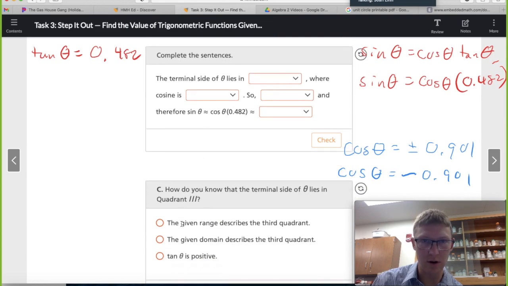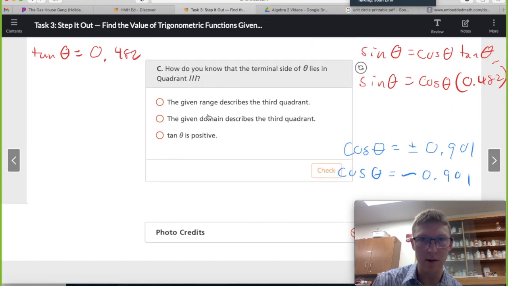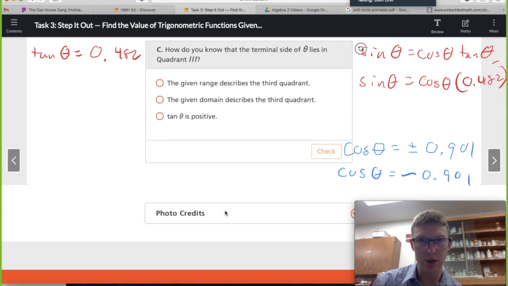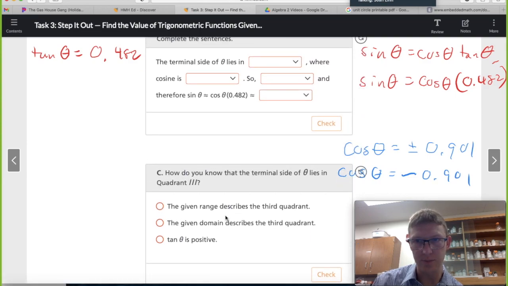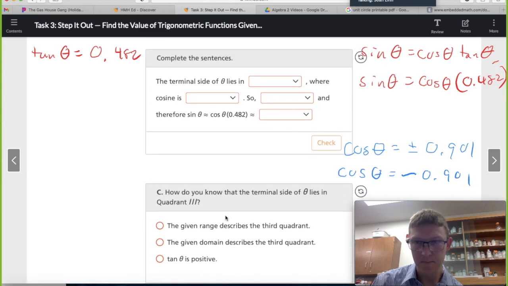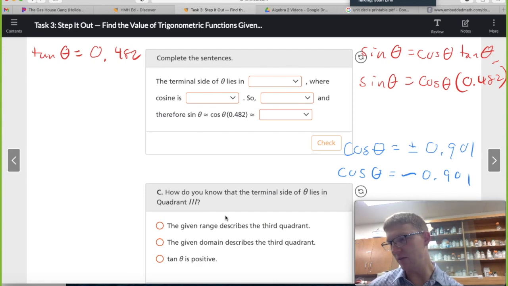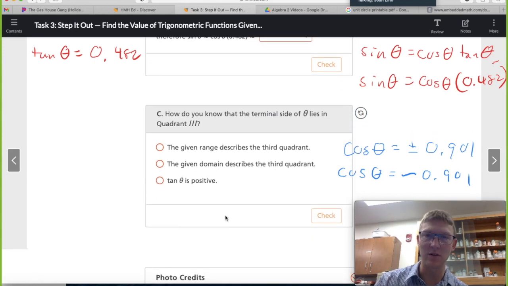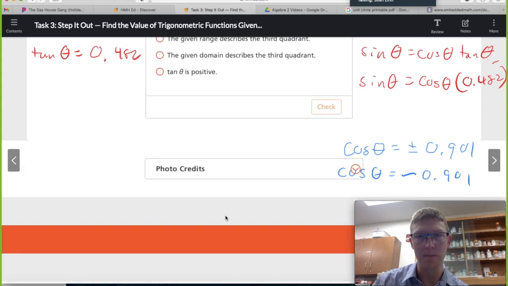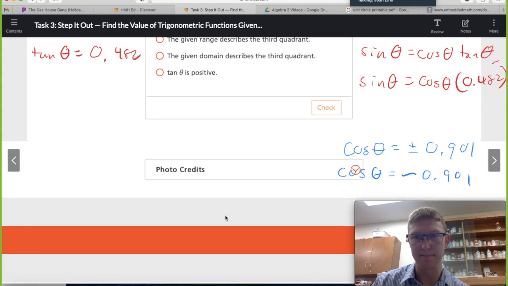Given the range, that's how we know. And then from there, you can again solve for sine of theta. In this case, they're not making us do that, but if they do make you do it, it shouldn't be too hard.